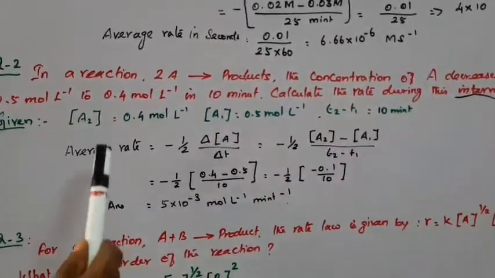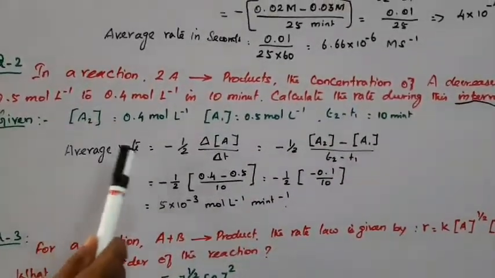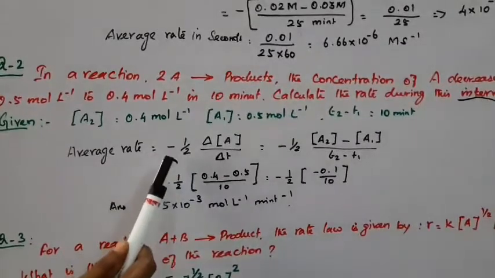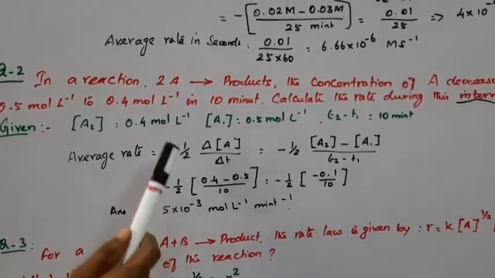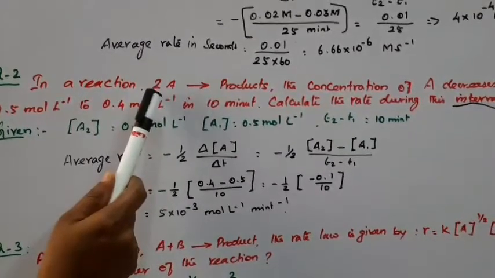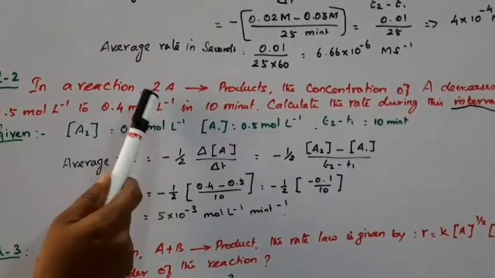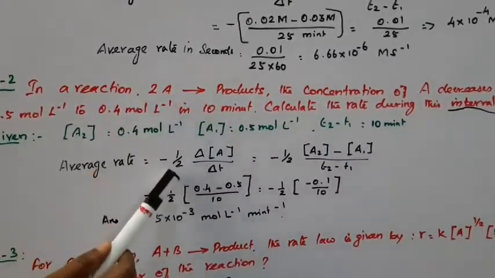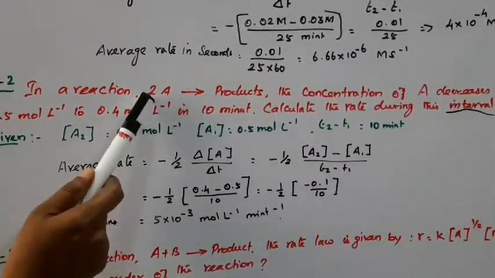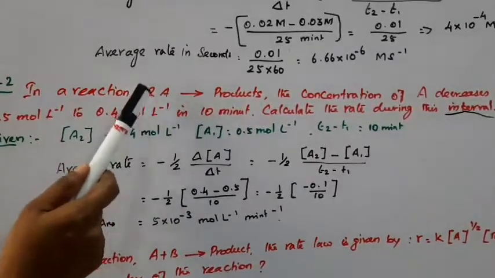The same as we studied earlier, average rate equals, see here students, minus 1 by 2. This is the quotient. Suppose any reactant has a quotient given, keep it in your mind: divide by that quotient, 1 by 2. Suppose here it was 3, then 1 by 3; if it was 4, then 1 by 4.